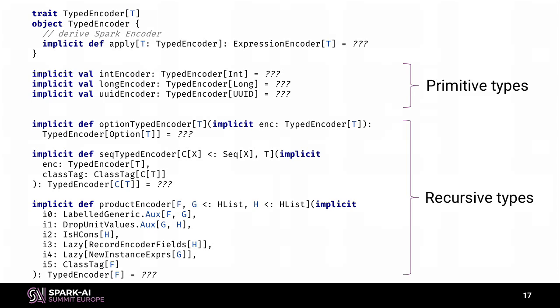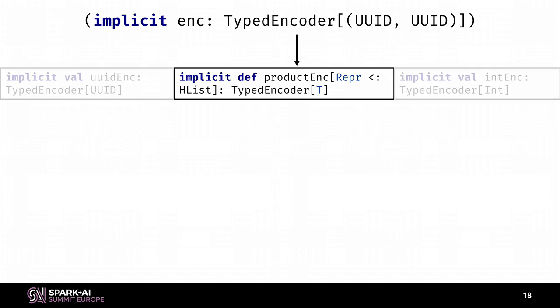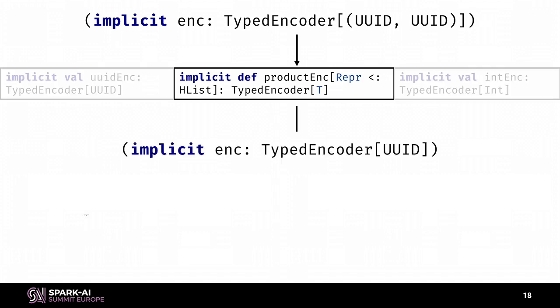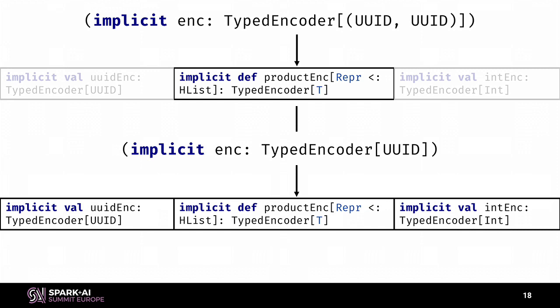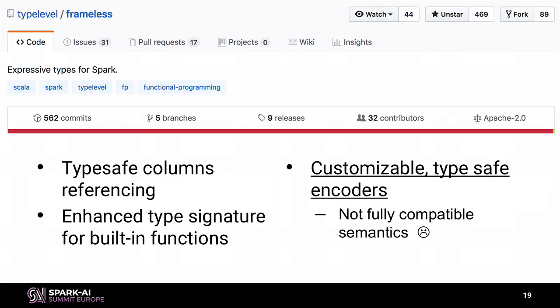The compiler will find a typed encoder T for the sequence of T. So basically, when the compiler encounters the requirement of typed encoder of a tuple of UUIDs, it will find this product encoder, but that would require this typed encoder of UUID, and that is defined as well, so it will find it, and this will compile, and the correct behavior will be assembled. But if any of these steps fails, it will return a compile time error. So basically, this is how it is done.